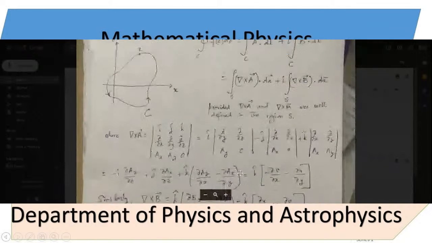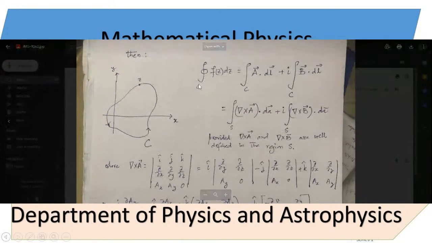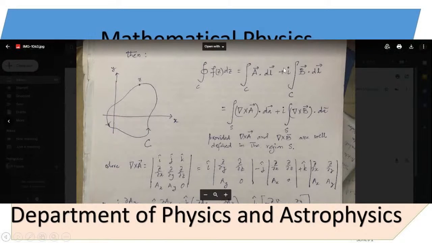And therefore, contour integral of f of z dz along a closed contour which has a region bounded, where curl of A must be defined, curl of B must be defined in order for Stokes' theorem to be valid.